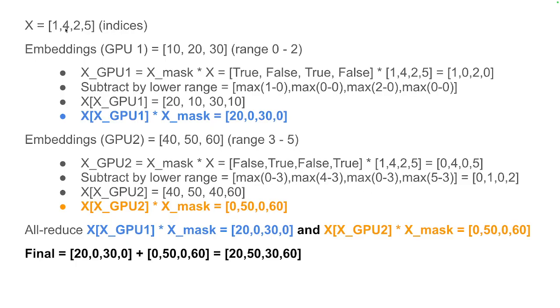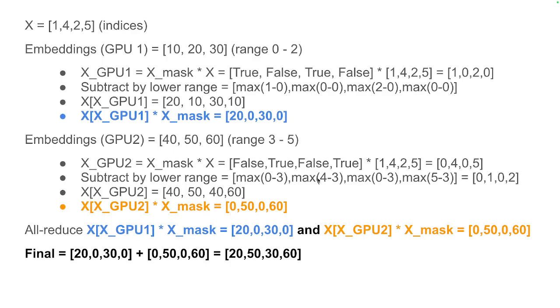Does 4 lie in the range of 3 to 5? Yes, true. Does 2 lie in the range of 3 to 5? No, hence false. Does 5 lie in the range of 3 to 5? Yes, hence true. So you get a mask of 0, 1, 0, 1. You multiply it with the indices 1, 4, 2, 5, and you get 0, 4, 0, 5.